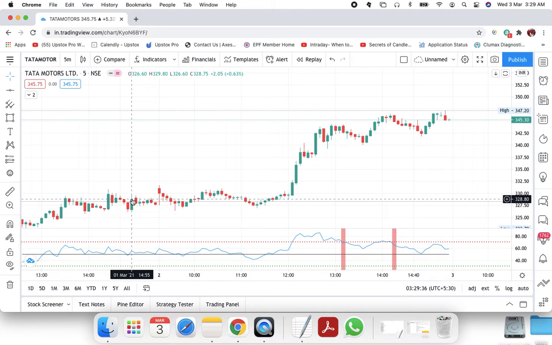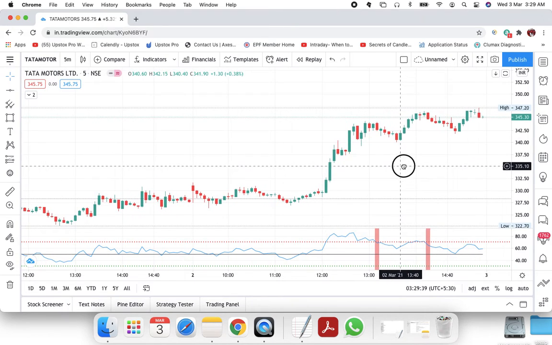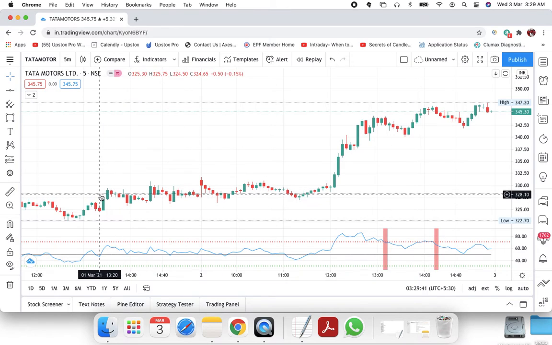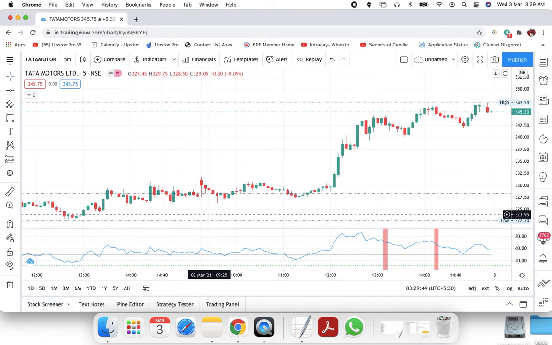So if you see this chart area, it has all the candlesticks. The candlesticks represent the price action of that particular point of time. The color code of a candlestick represents who is active at that point of time in the market.